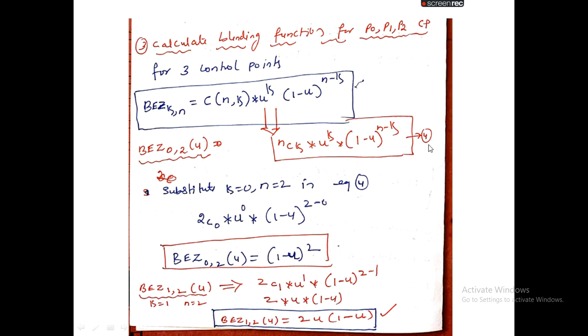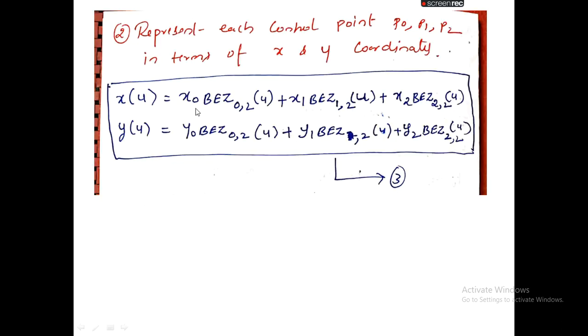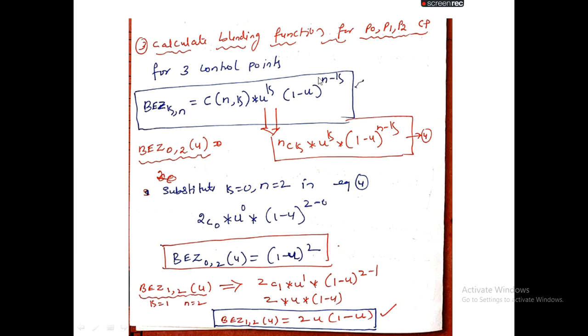Then by seeing equation number 3, I am supposed to calculate blending function for 0, 2, 1, 2, 2, 2 by using this particular formula.